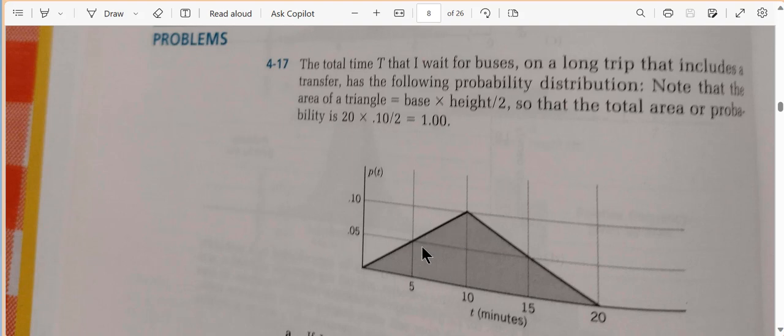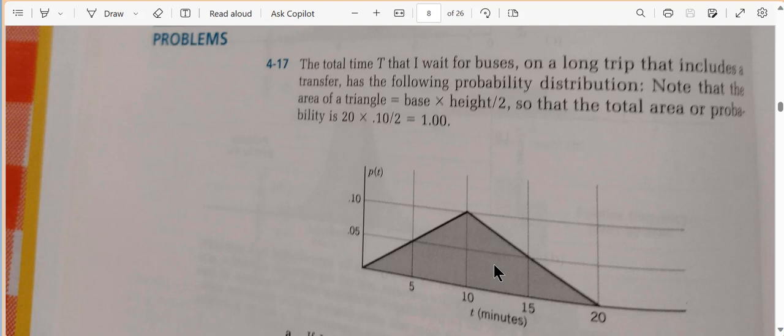Let's just make sure that the total area under the curve is 1. Can we do that? Let's see, how much is the area of this? This is 5 times 0.05, so that's 0.25. The area of this is 0.25, so that's half, that's 0.5.